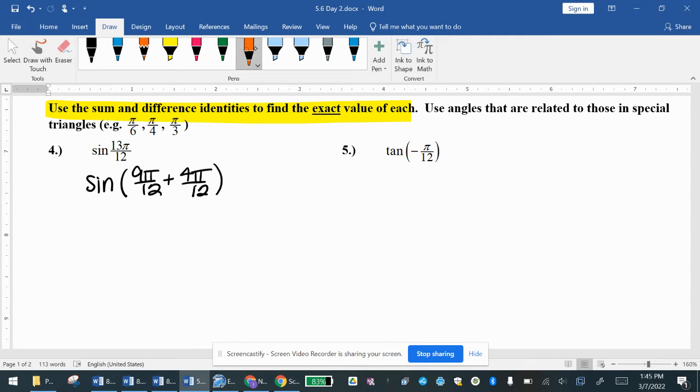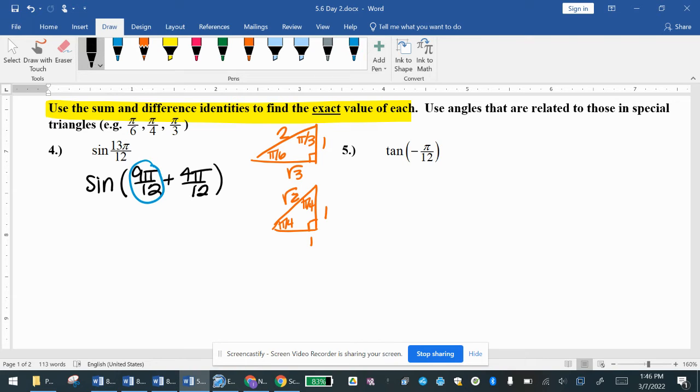Now, if I'm going to be using my special triangles, remember those only use pi over 6s, pi over 3s, or pi over 4. So what you need to do is ask yourself, how can I reduce these so that I get either a reference angle of pi over 6, pi over 4, or pi over 3?